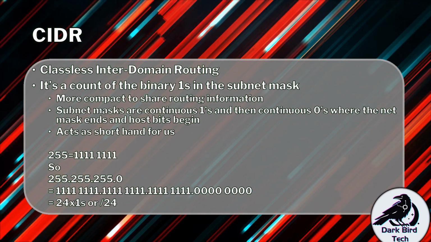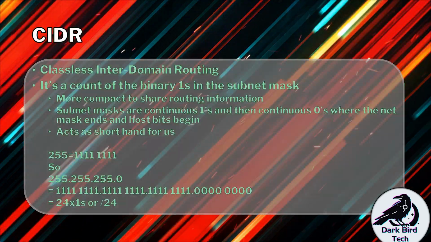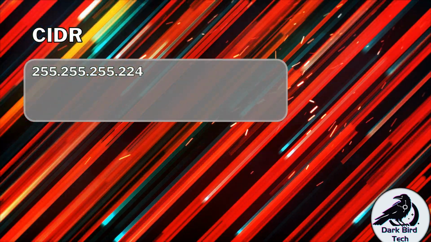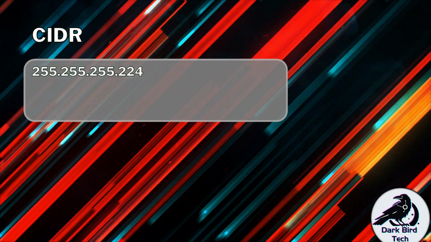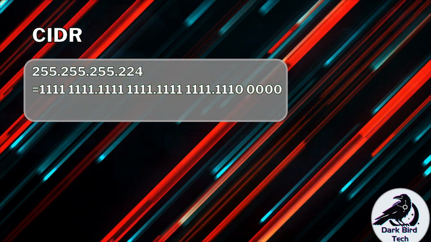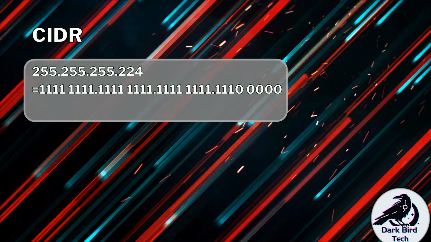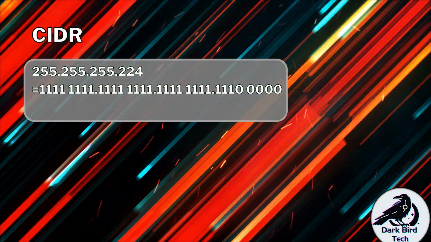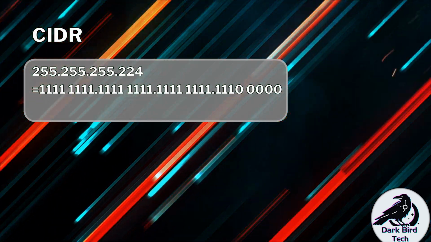All right, now let's try that out for our current subnet mask that we created, which was 255.255.255.224. First 3 octets were all 8 ones. It's the fourth octet that's going to be a little bit interesting, because there we've got some extra ones. So the first octet gives us 8 ones.